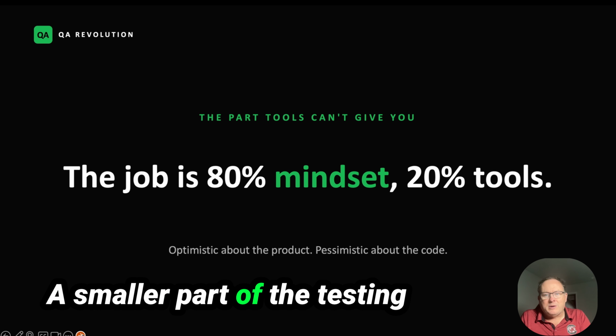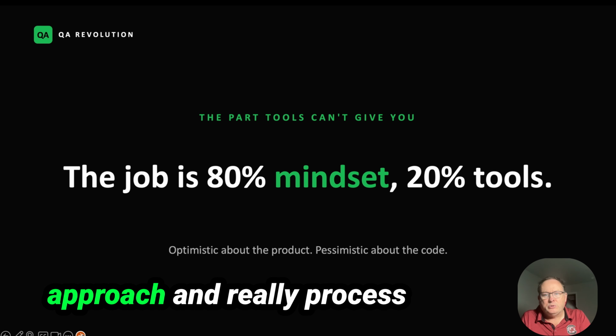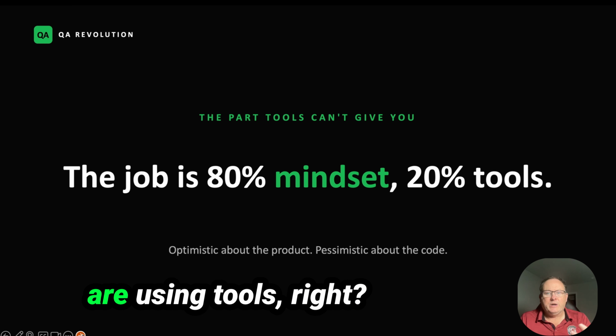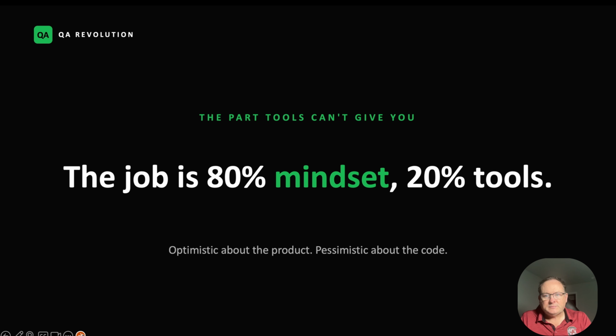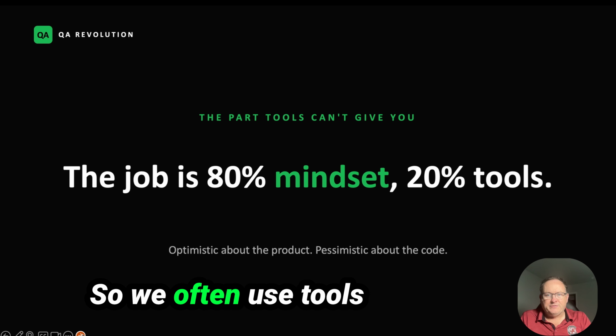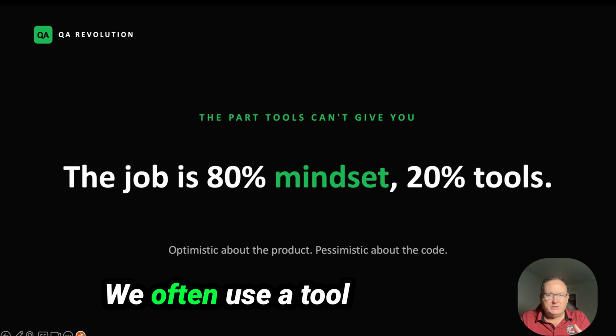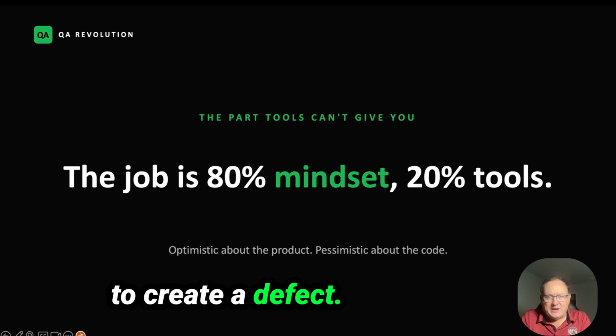A smaller part of the testing approach and really process as it relates to being a good tester, certainly we are using tools, right? So we often use tools to put our test cases in. We often use a tool to create a defect.